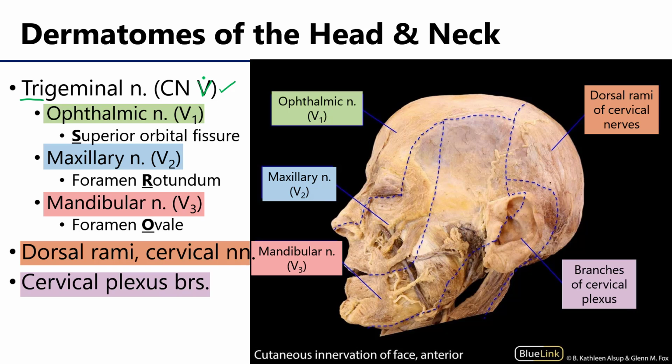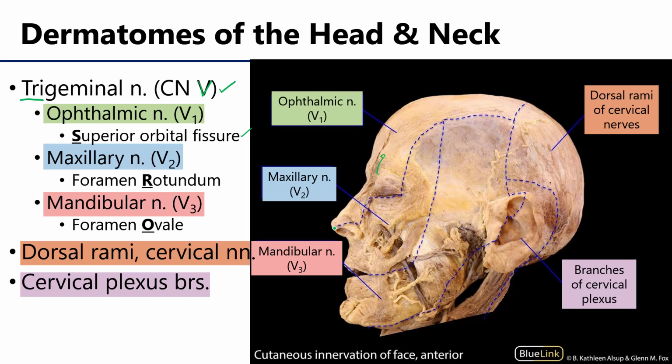V1 is going to exit the cranial cavity through the superior orbital fissure on its way to serve the orbit, and eventually its terminal branches, things like the infraorbital nerve and the supratrochlear nerve, are going to exit the orbit to serve this area.